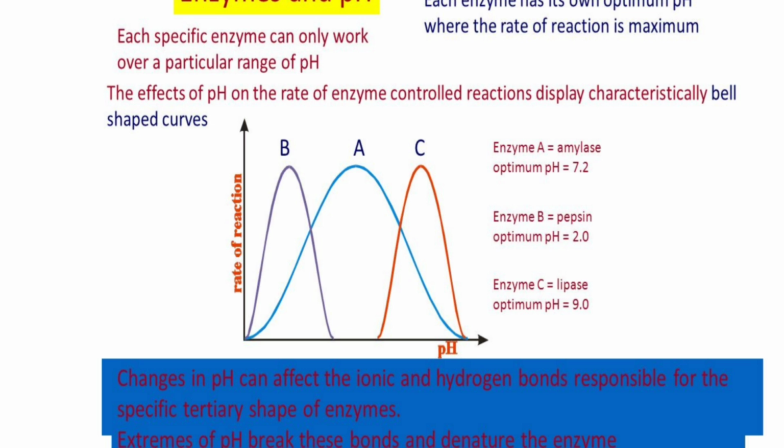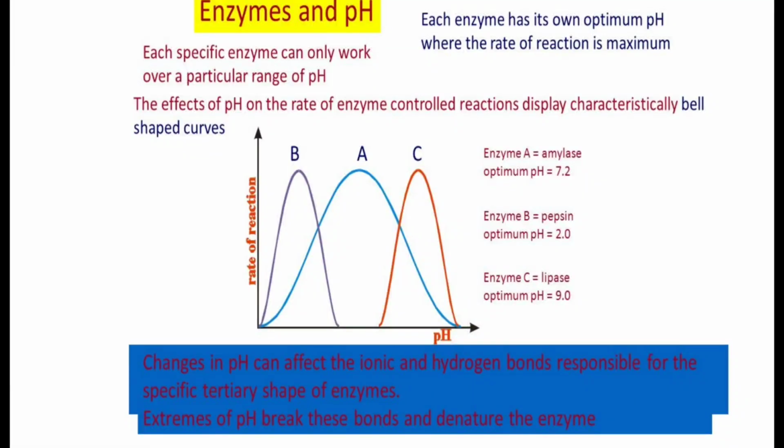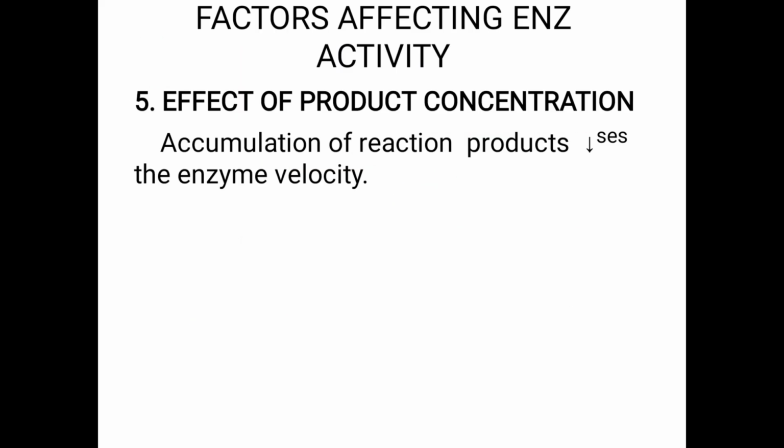Changes in pH can affect ionic and hydrogen bonds responsible for the specific tertiary shape of enzymes. Extremes of pH break these bonds and denature the enzymes. So the same bell shaped curve is obtained for optimum pH and optimum temperature.